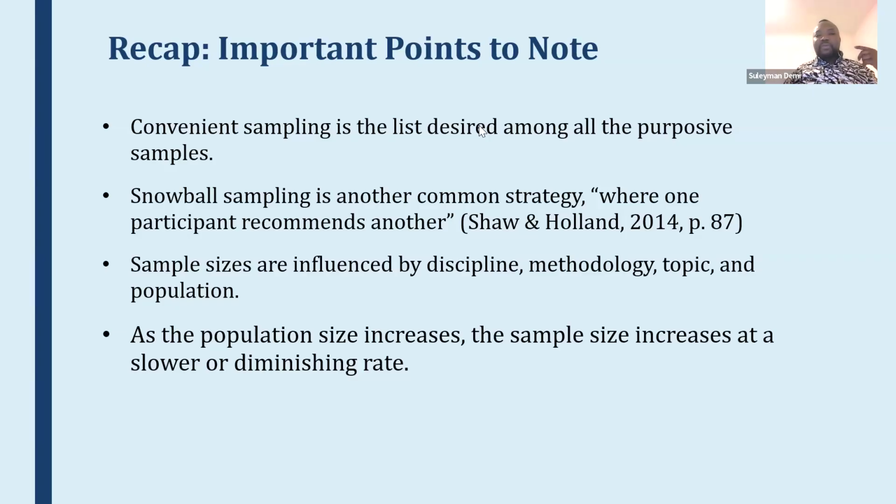My mind will tell me, because I've added another 100, I should get 50 plus 50 to be 100, right? But that is not the case. It will increase, but not as high as the 50 that I got at the initial stage. It can increase by 10 or 15 or 20, right? So that's why we said as the population size increases, the sample size increases at a slower or diminishing rate.